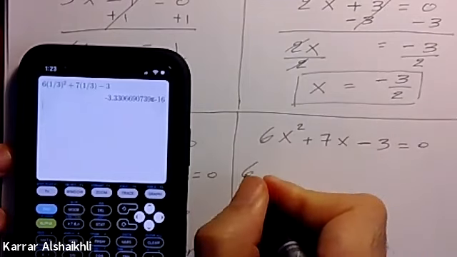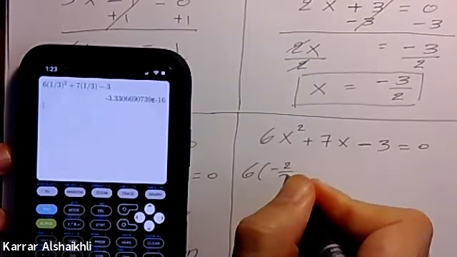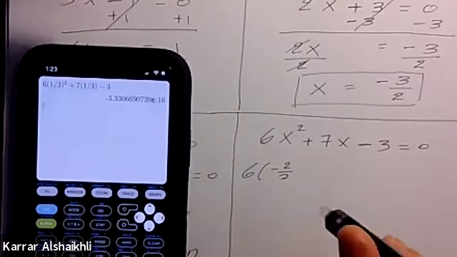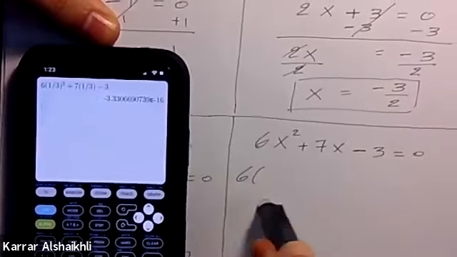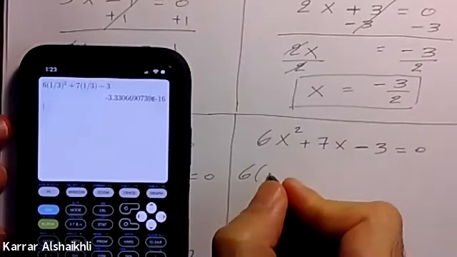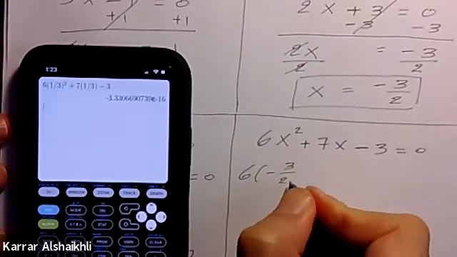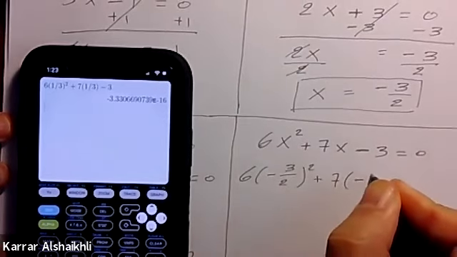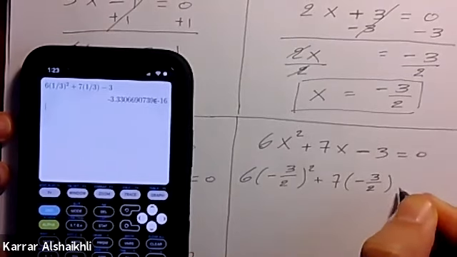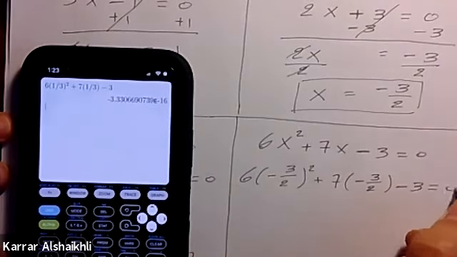Now I'm going to plug in 6 times -3/2, squared, plus 7 times -3/2, minus 3, is supposed to be equal to 0.